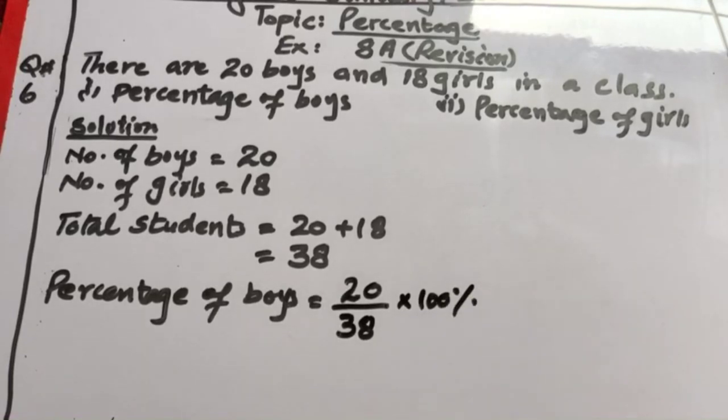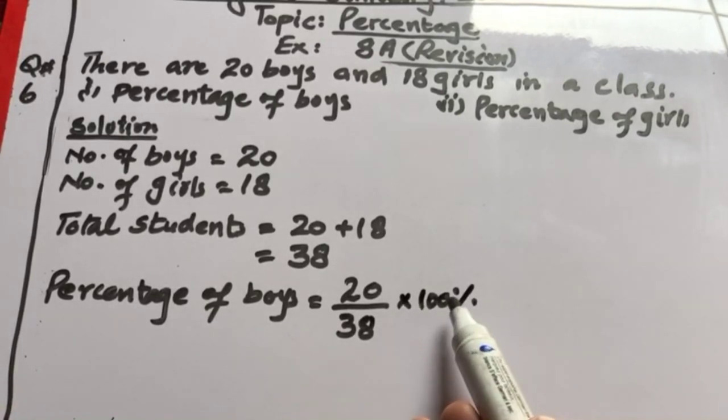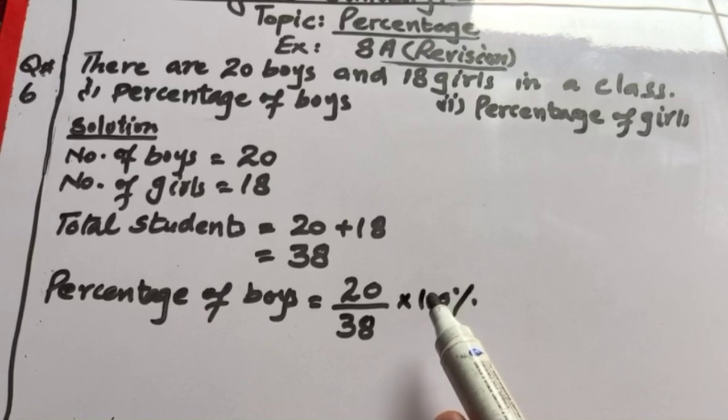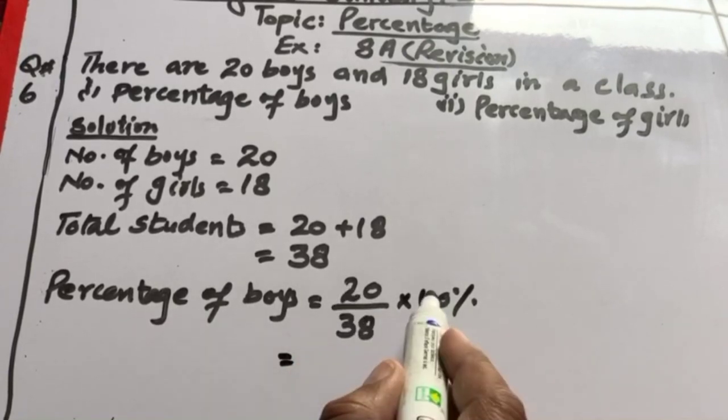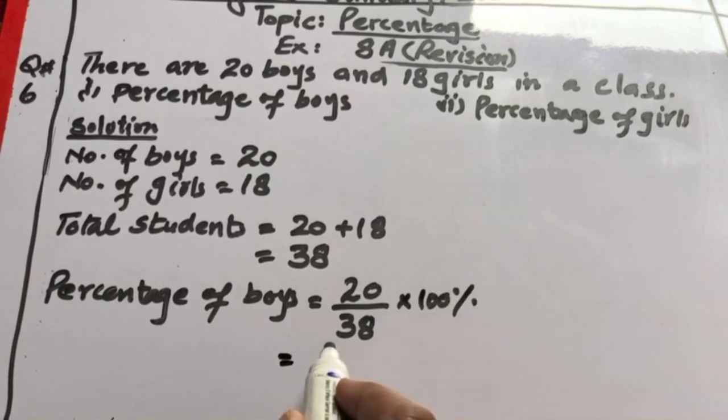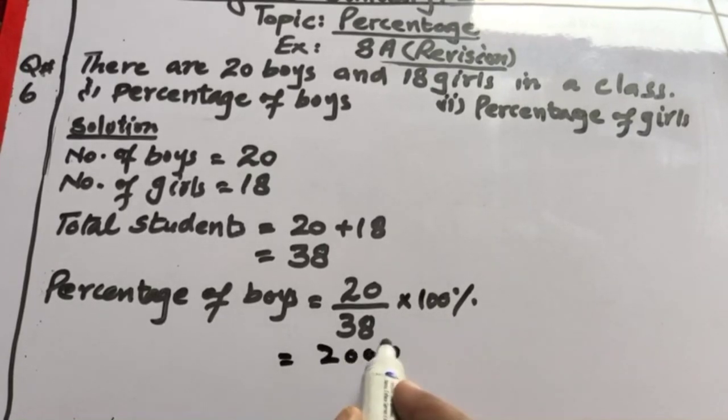As we have learned in previous lectures, if we want to convert any number into a percentage, we multiply it by 100%. So 20 by 38 multiplied by 100%. By simplifying we will have 2000 over 38%.